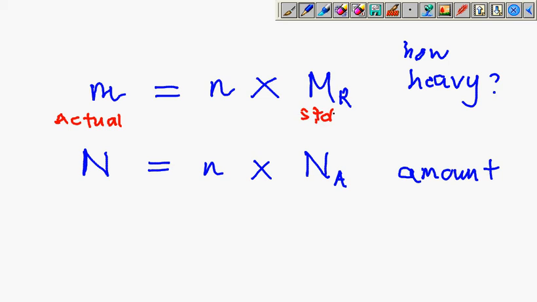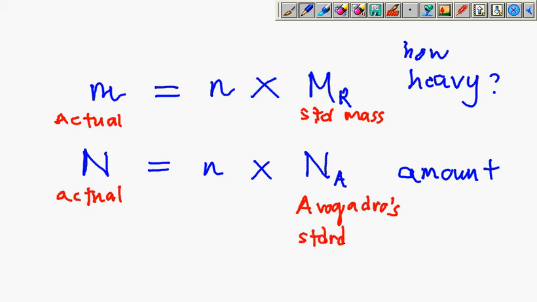Standard mass is always about 1 mole. 1 mole would have 12 gram for carbon. 1 mole would have 80 gram for bromine. This one is also actual number, and then this number of mole, and this one is Avogadro's constant. It's also some type of standard number. This is standard mass, but this is standard number. So they bear similarity.